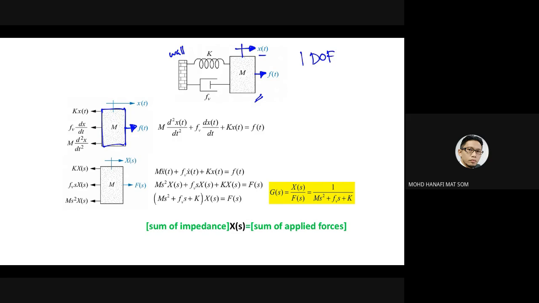Because when you move something from the initial condition, there will be inertia. When you pull the mass to the right, there will be a counteraction to the left.